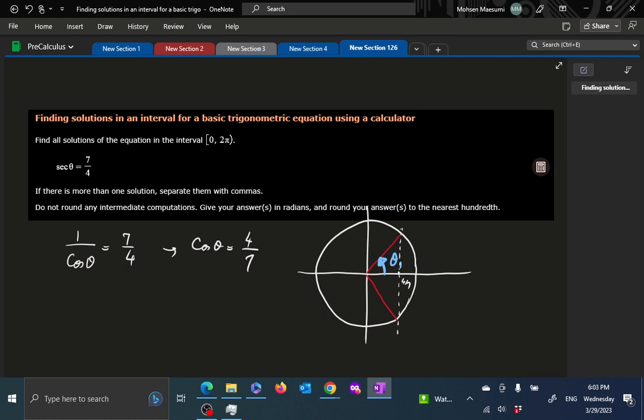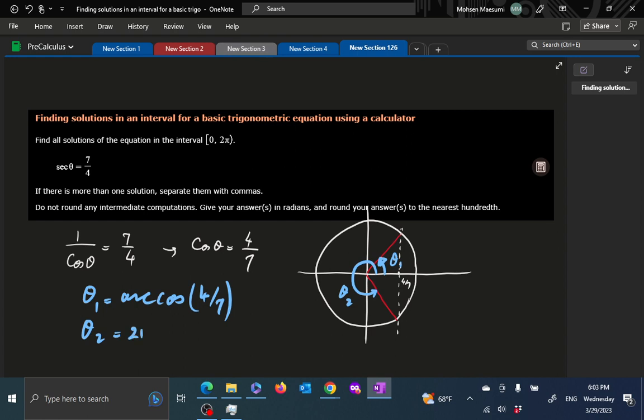Call it theta 1. Angle 2 is going all the way like this. So theta 1 is just arc cosine of 4/7. We don't need any additional step here. Theta 2 is short of 2 pi by the amount of theta 1 itself.